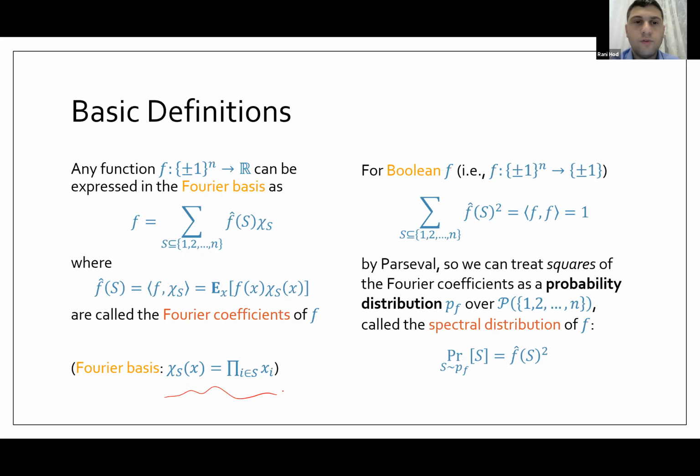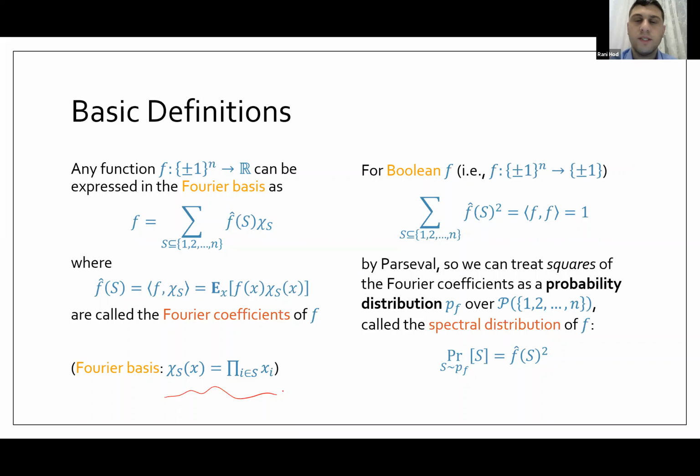Once we move to a function whose outputs are also Boolean, if we look at Parseval's equality, that means that the sum of the squares of all Fourier coefficients is the same as the expectation of f squared. And f squared is 1, so the expectation is 1. It means that these 2 to the n numbers, the squares of the Fourier coefficients, sum to 1.